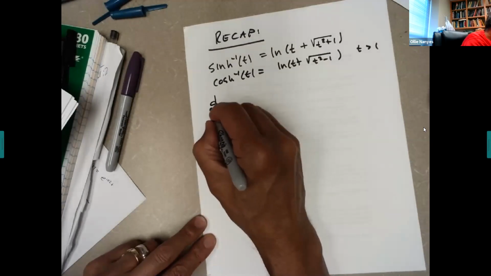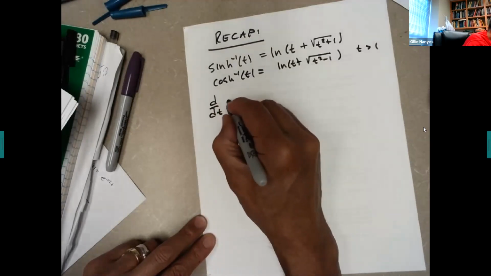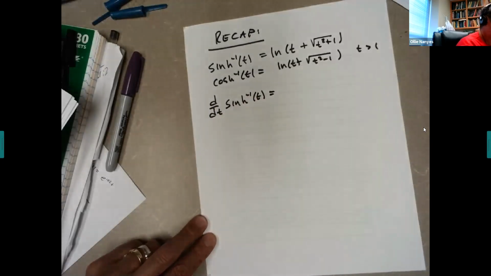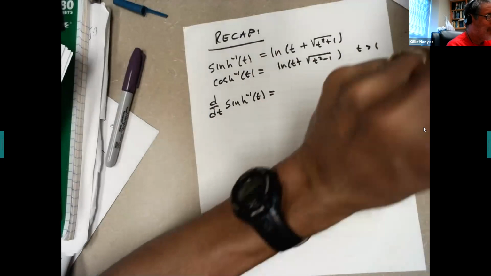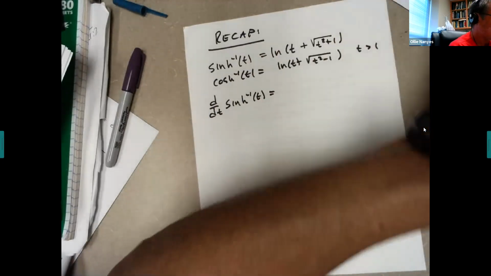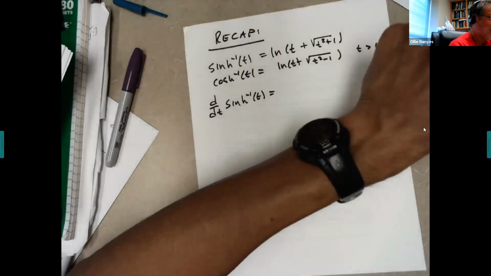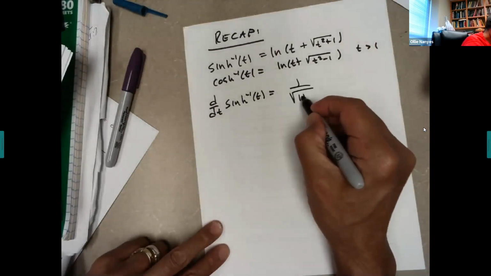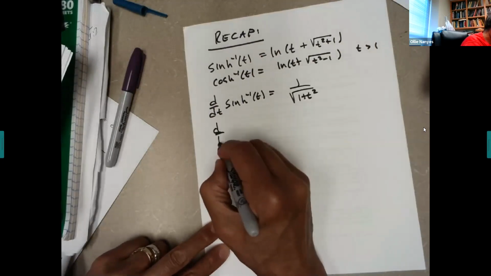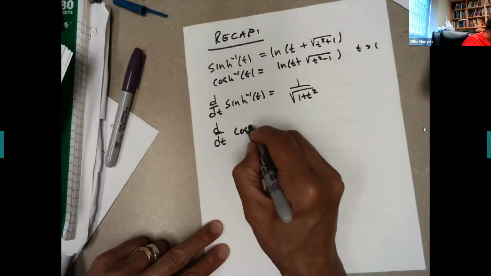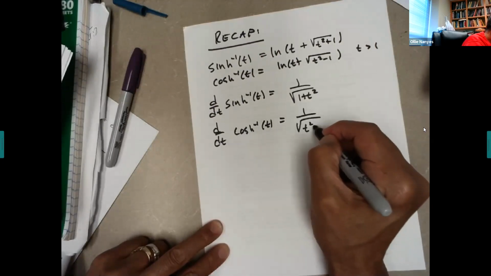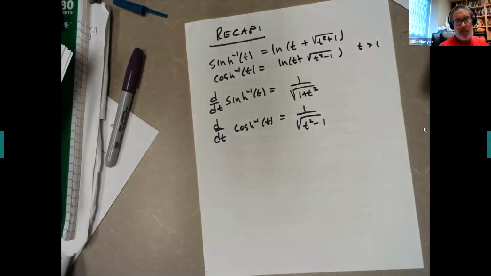And then we had the derivative, and we repeat what we get there, and what we did here. Okay, so those are going to be the important things.